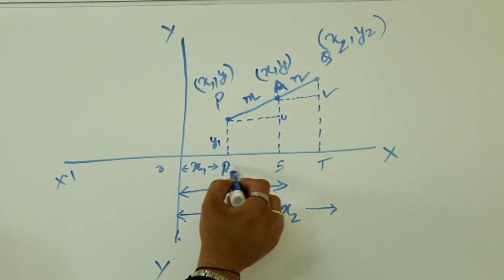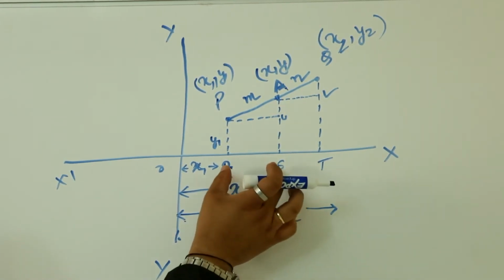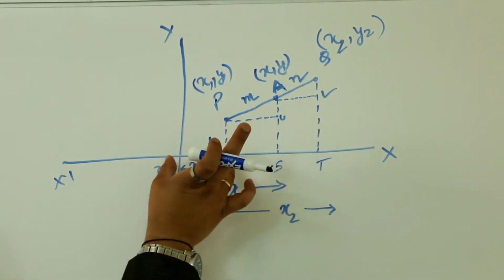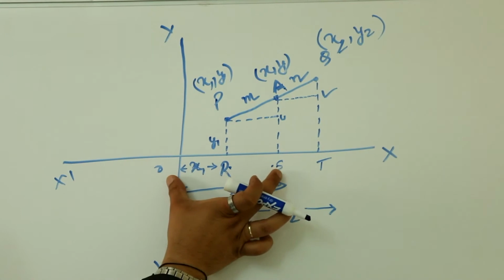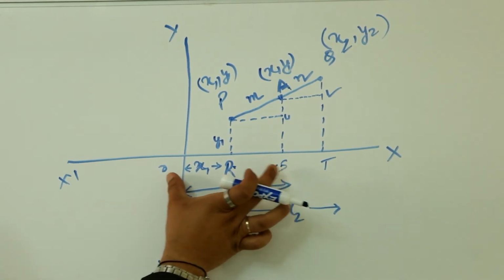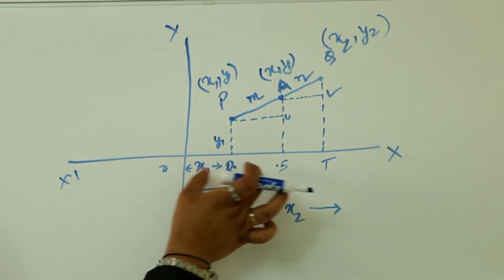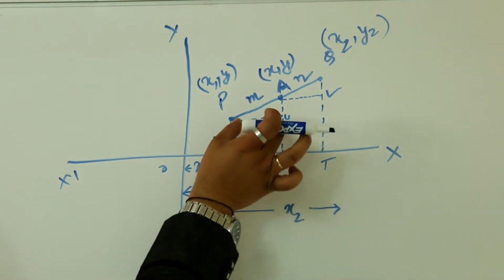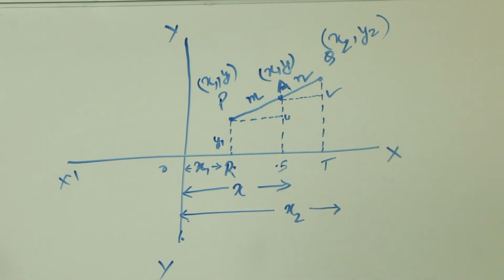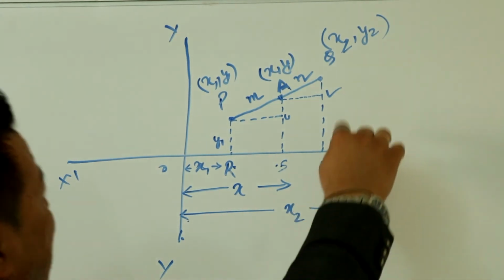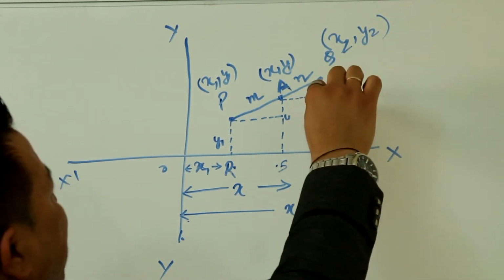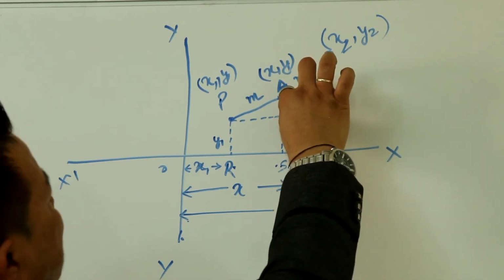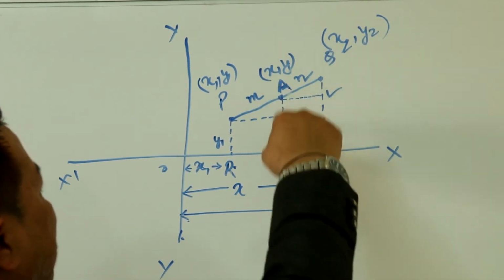Now, we need to find what distance RS is equal to. How do you find it? RS equals to OS minus OR. From this line segment OS, if you delete OR, you will get the value of RS. And the value of RS is equivalent to PU. Similarly here, in order to get the value of AU, what you do? So what is the distance AS?